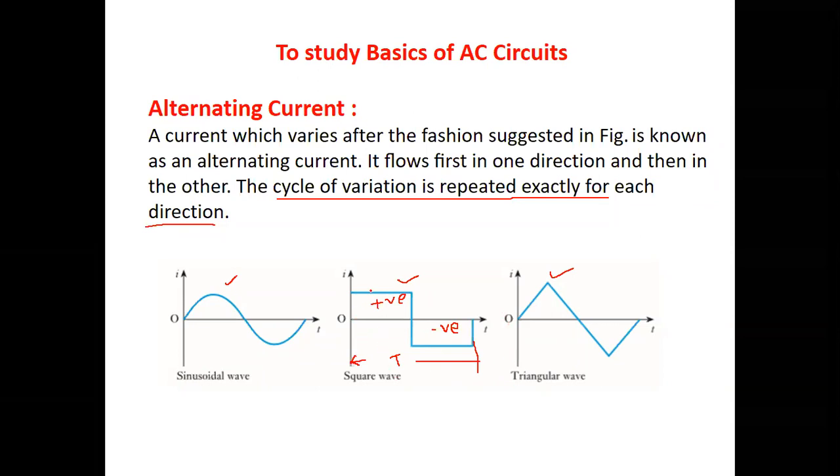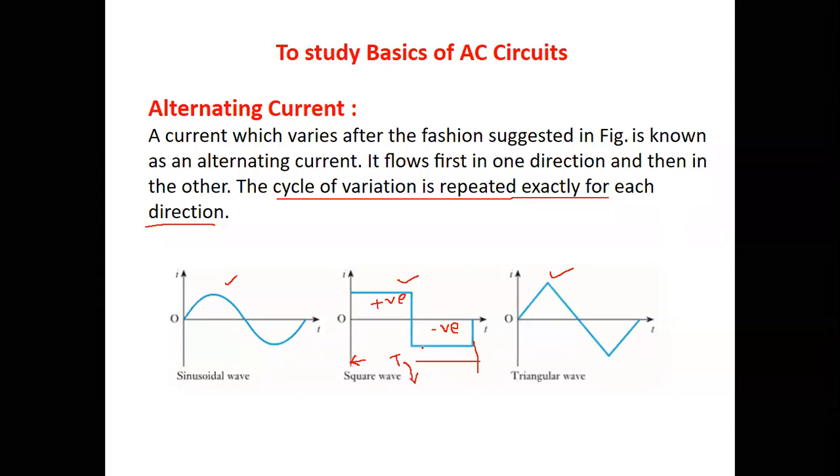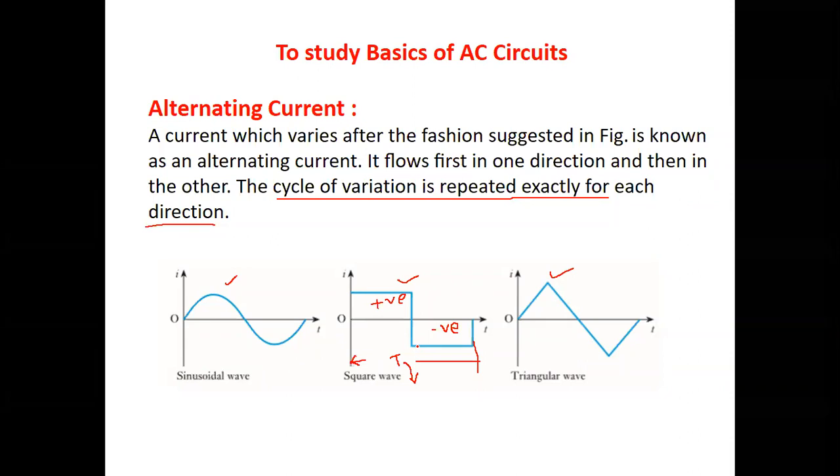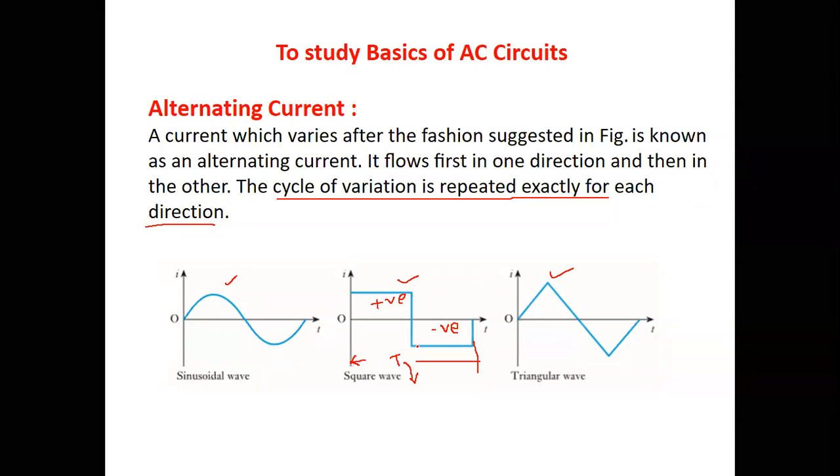The time taken to complete one cycle is called the time period. You might have studied periodical and non-periodical waveforms in your physics during +2. So we have to consider a periodical waveform of any shape, whose positive half cycle is equal to the negative half cycle, and the complete cycle will be continuously repeated for each and every time period.